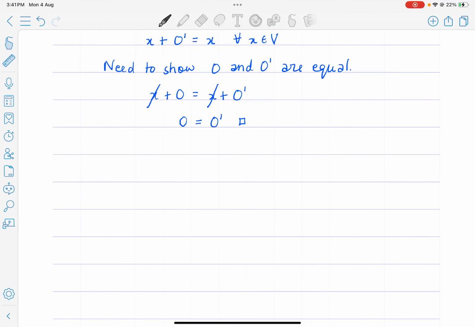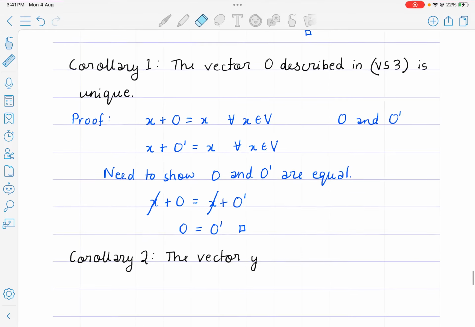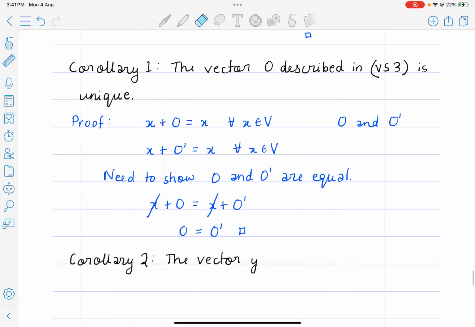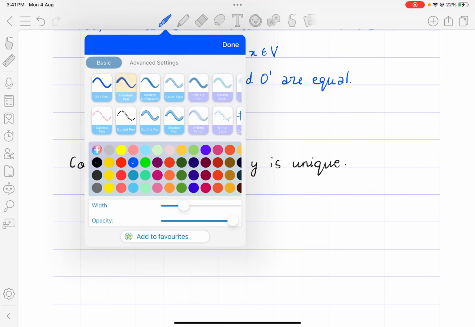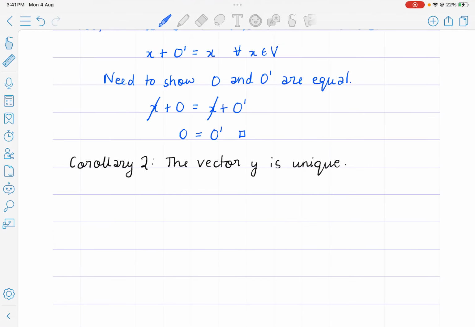And let's do corollary 2. When I say VS3, it means axiom 3. The vector y is unique. So what do we do here?